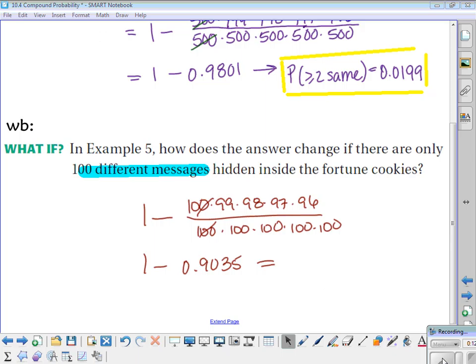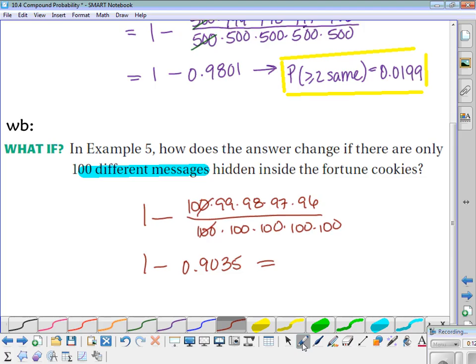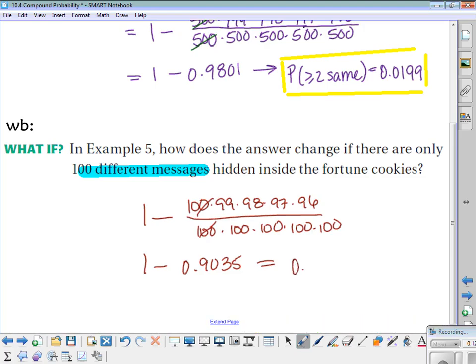All right, so when you figured this out, you ended up with 1 minus 0.9035, and that gives you 0.0965. So almost a 10% chance that you would have a duplicate if there were only 100 different messages. Okay? Any questions? Yes.